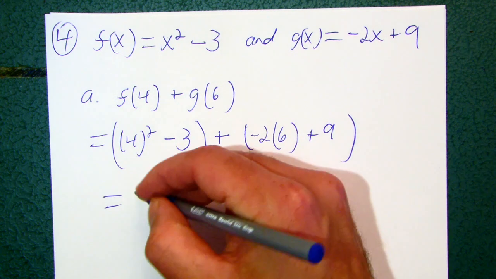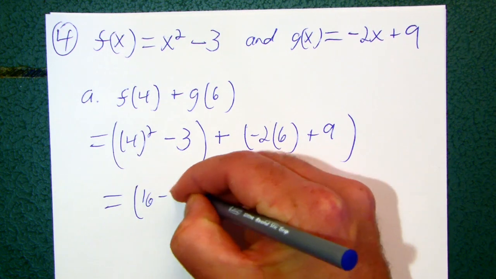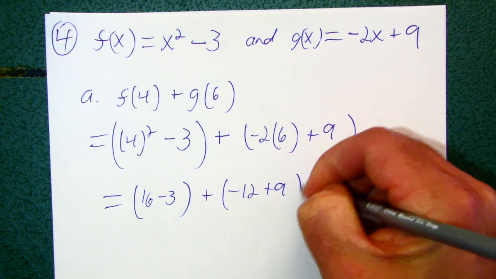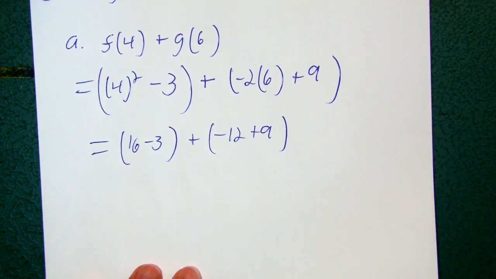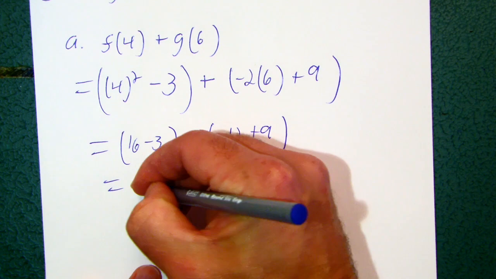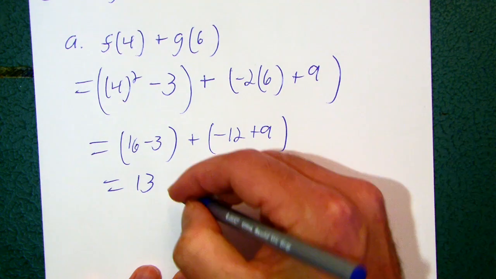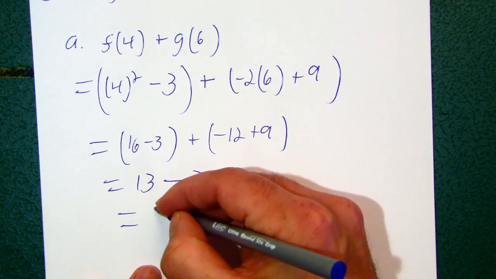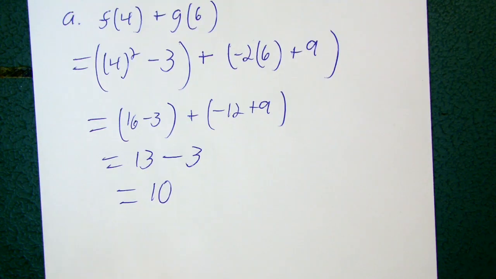So this is going to end up being 16 minus 3 plus negative 12 plus 9. Negative 12 plus 9 is negative 3, and 13 minus 3 is 10. All right, so it's just like piecing it all together at the end, but it's really like two separate problems in one here.